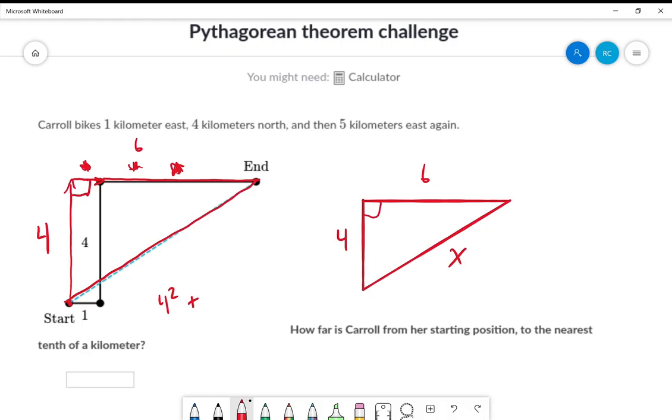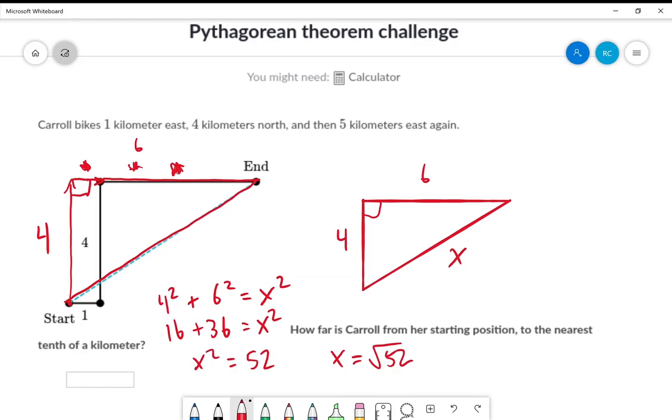4 squared plus 6 squared equals x squared. 4 squared is 16. 6 squared is 36. So we get x squared equals 52. We get x equals the square root of 52.